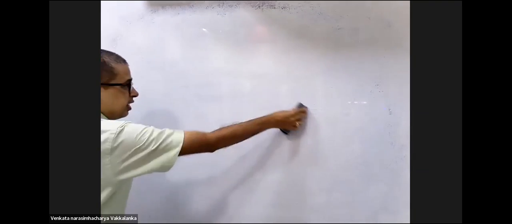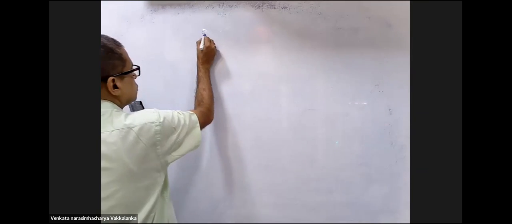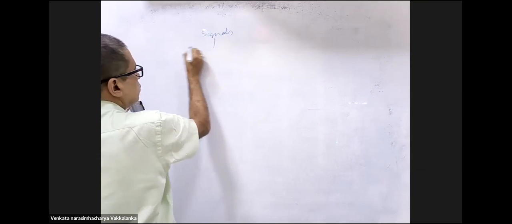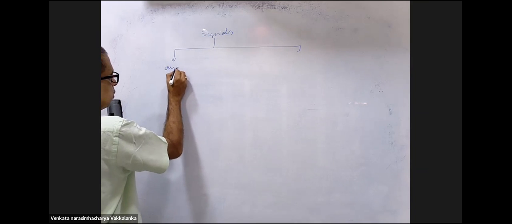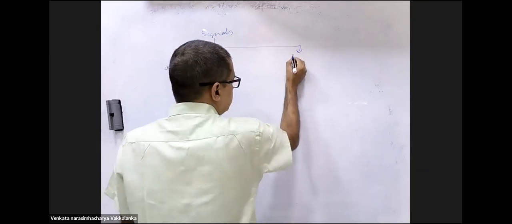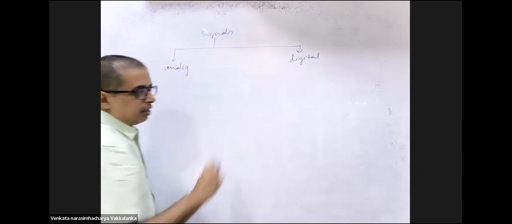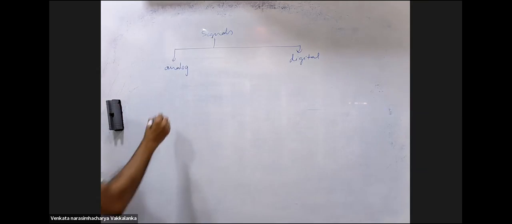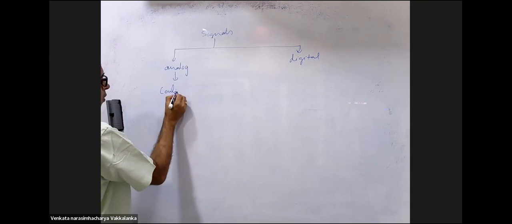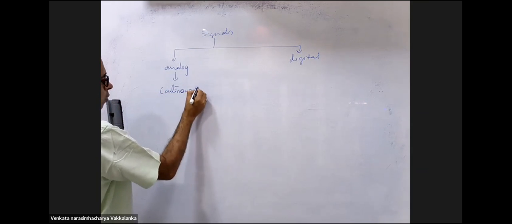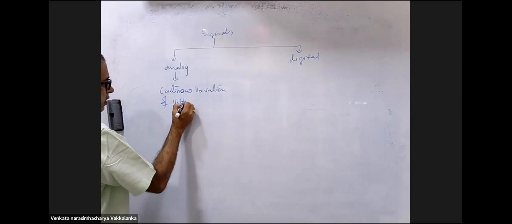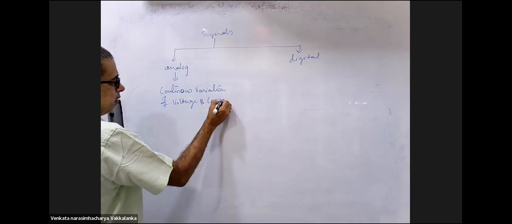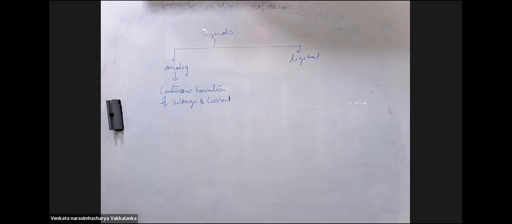Now, signals which are transmitted are of two types. One is analog, the other is digital. Analog is continuous variation of voltage and current.